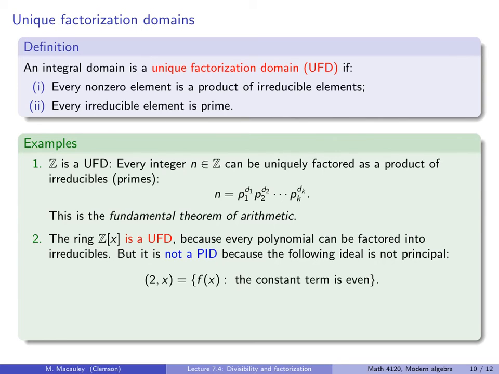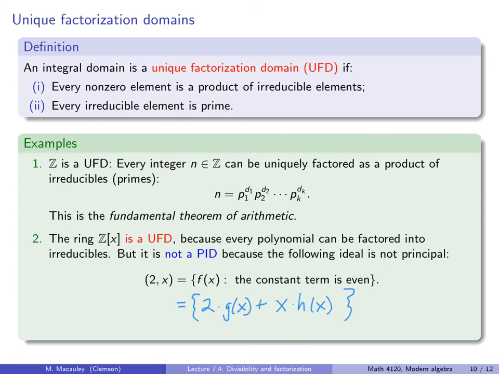So the ideal generated by 2 and x, I claim, is a set of polynomials where the constant term is even. And if you want to see why that is, well then, this is explicitly all polynomials of the form 2 times g of x plus x times h of x.